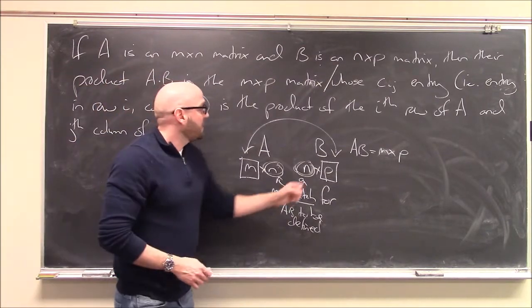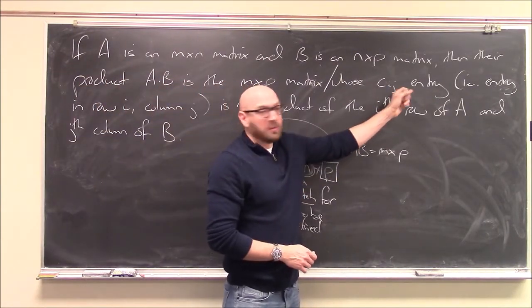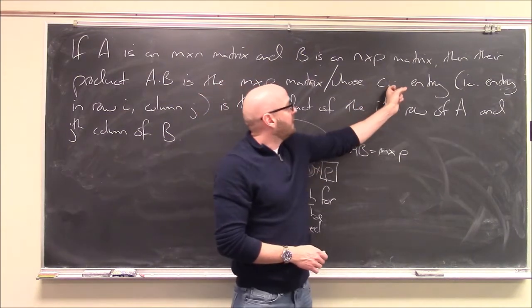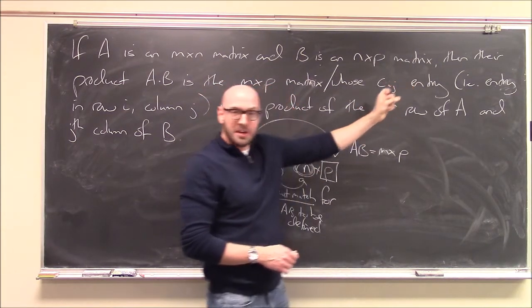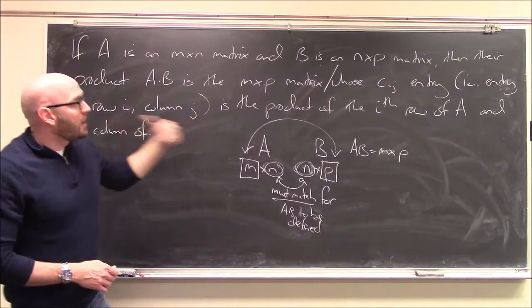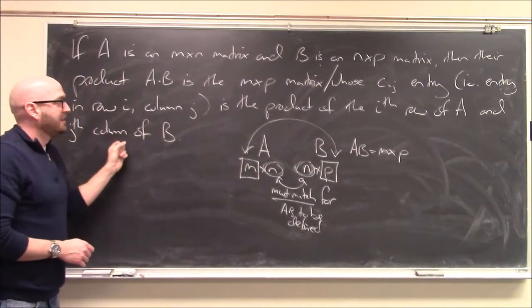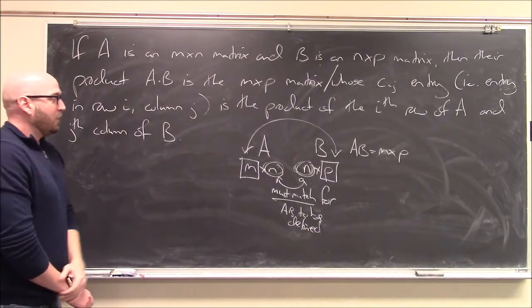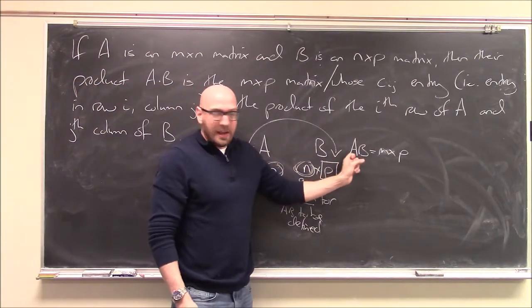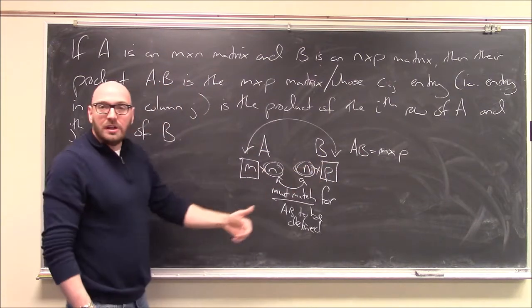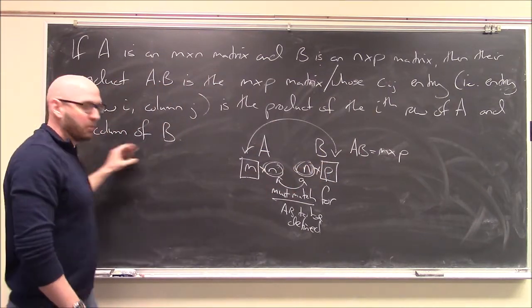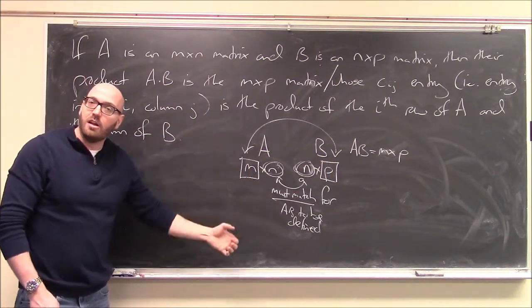But what is the product? Well, AB has the following entries. The entry in the row i, column j position is just the product of the ith row of A and the jth column of B. So every single entry in AB is computed by doing the product of a row matrix times a column matrix.